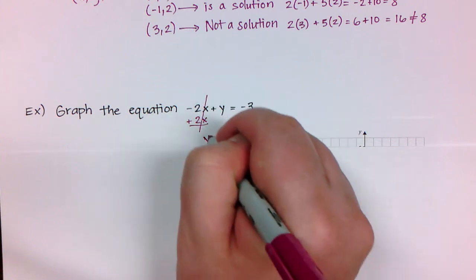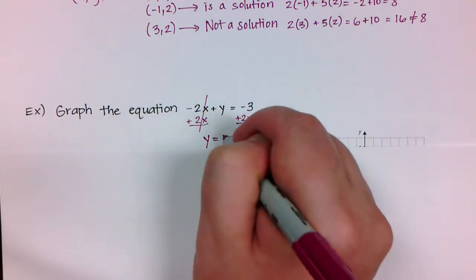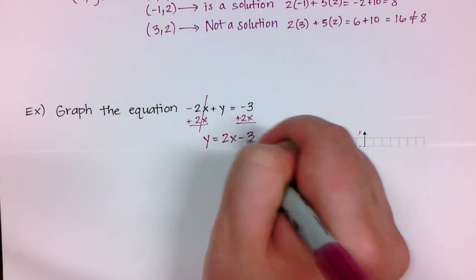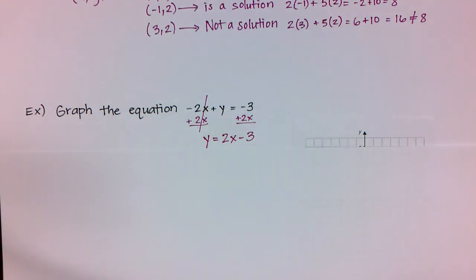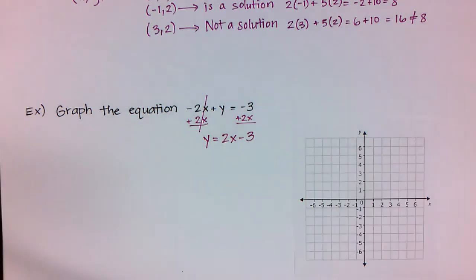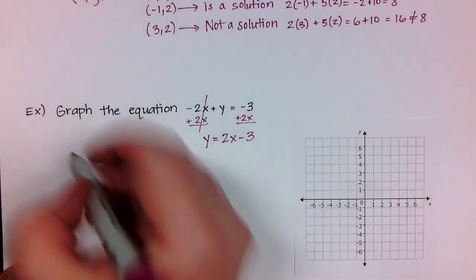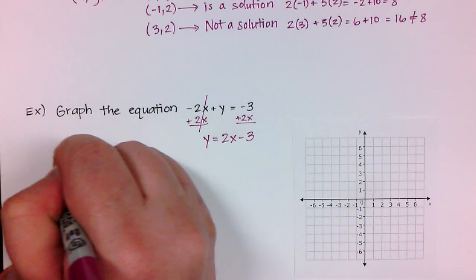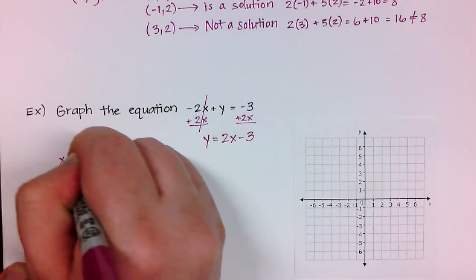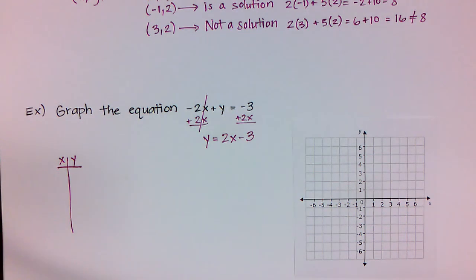And now I have it rewritten, y is equal to 2x minus 3. This is going to be so much easier for you to graph your equation. So then we're going to make a t-chart to find out all different points that are going to be on this graph.